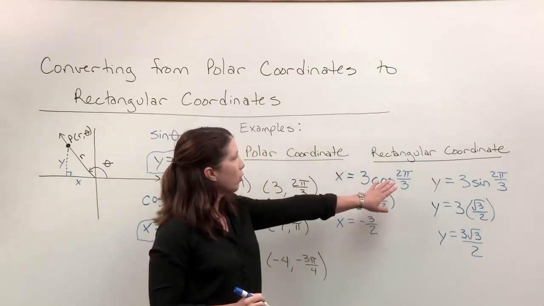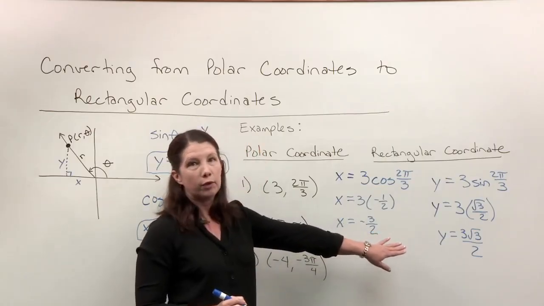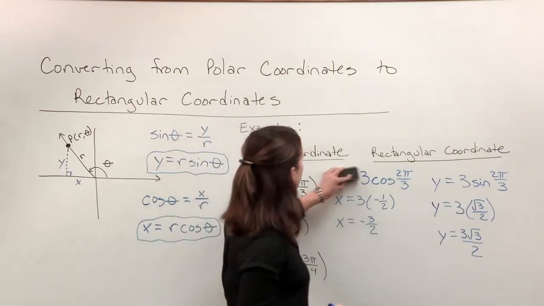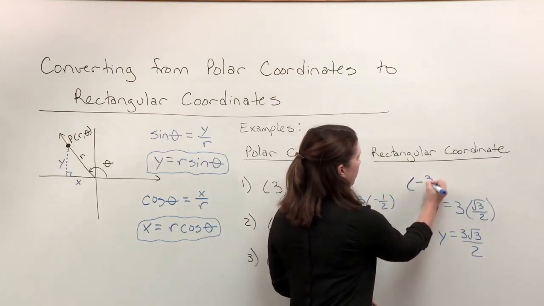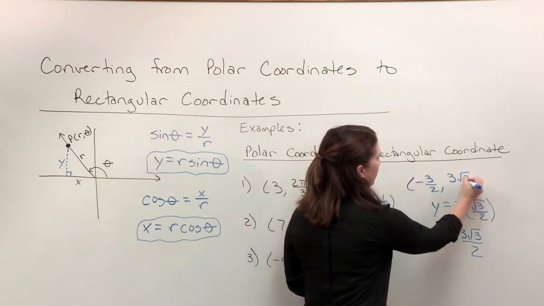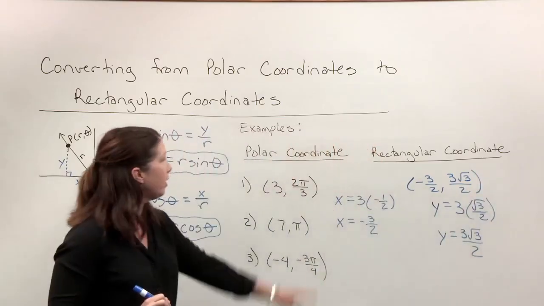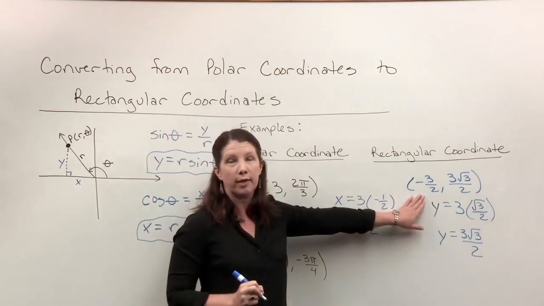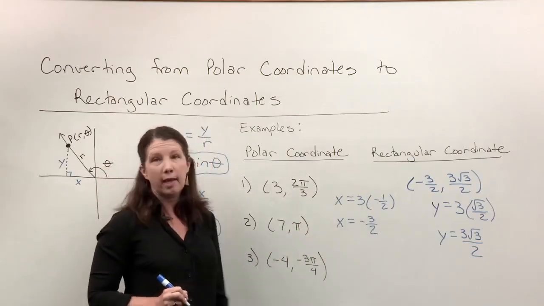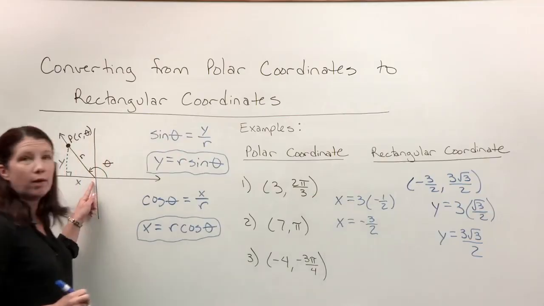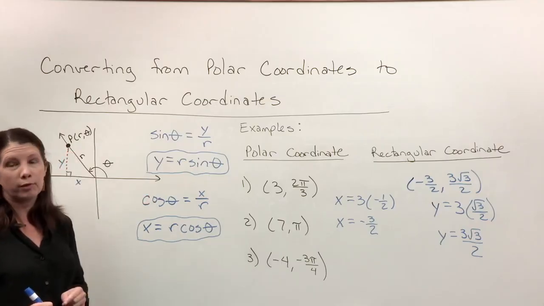And so our rectangular coordinate is negative 3/2, 3 square root of 3 over 2. It's always good to check to see that these 2 points would lie in the same quadrant. So we already established that this point is in quadrant 2. Looking at your rectangular coordinate, we have a negative value for x and a positive value for y. So this point in rectangular form also lies in quadrant 2.